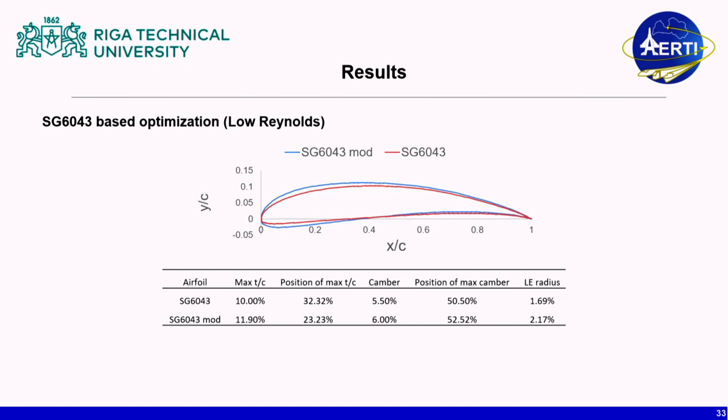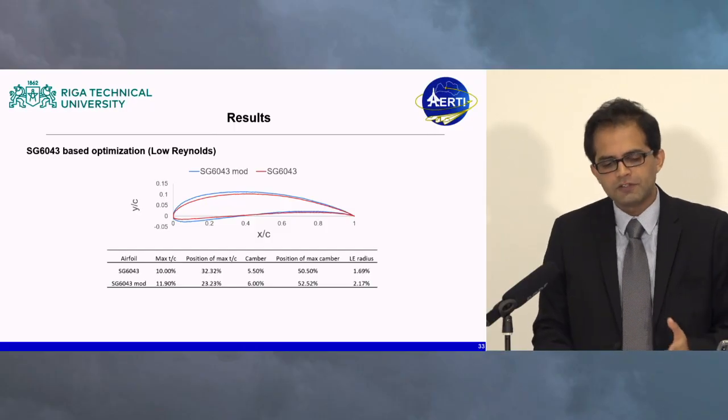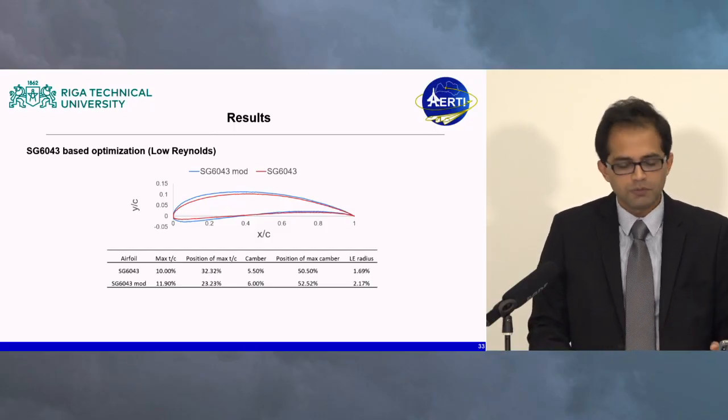You can see here the existing aerofoil in red color, which was the base aerofoil, the mother aerofoil I would call it. And the new aerofoil, which is optimized, is in the blue color, and I would call it the modified. The aerofoil is SG6043, and we named it SG6043 mod, from the modification.